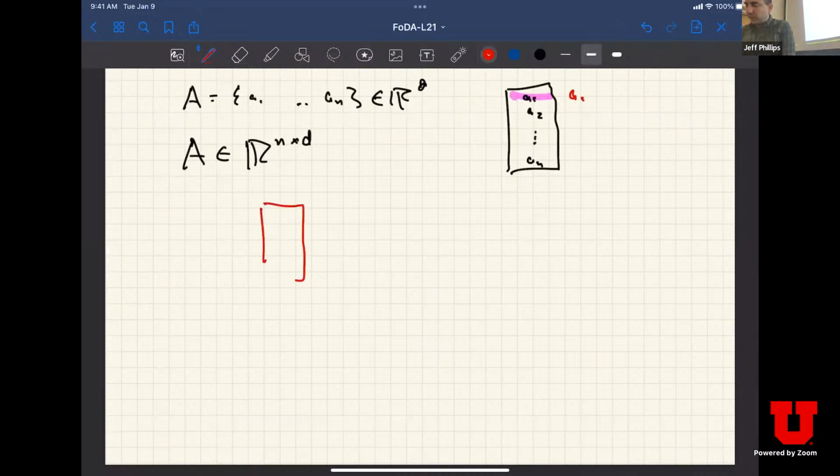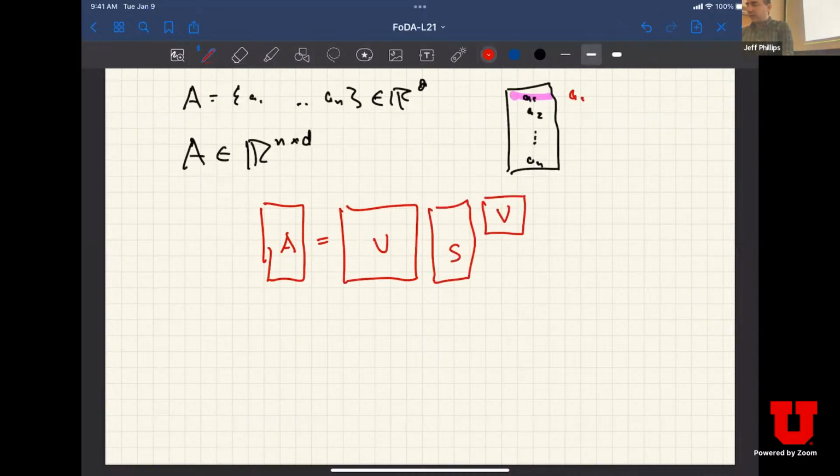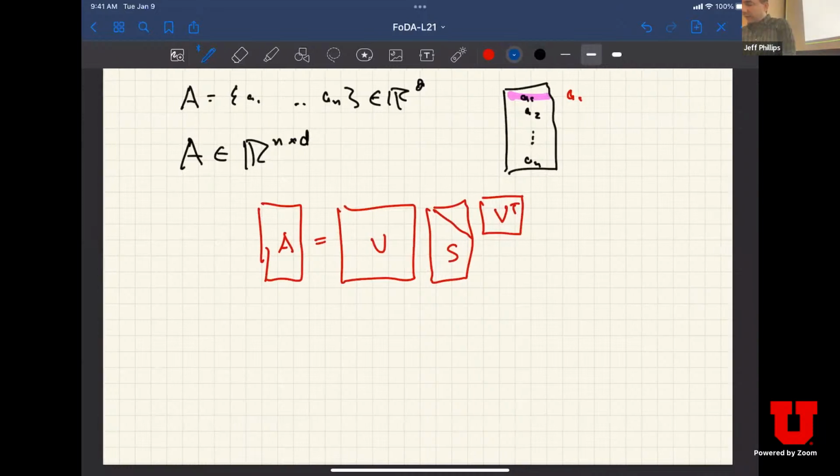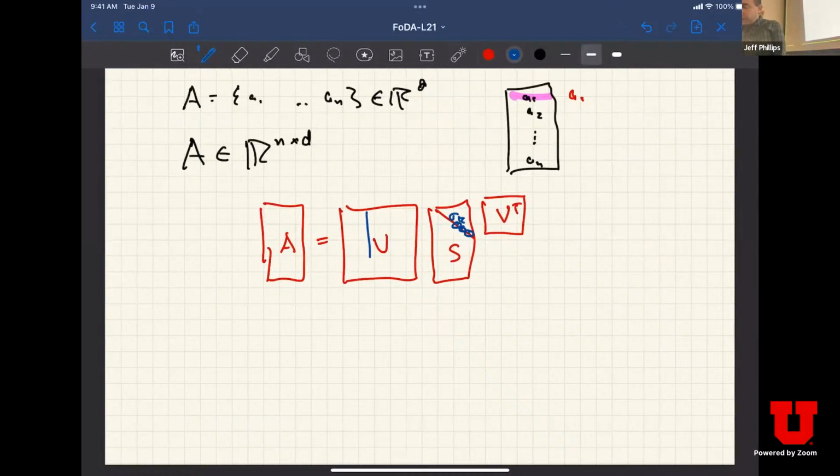If I start with A equals U, S, and V transpose, and I decide I'm going to truncate this and make all of these singular values below a certain level 0, and this would maybe be sigma k, and then I multiply these back together, what's going to happen is this part and below here are going to be multiplied by zeros.